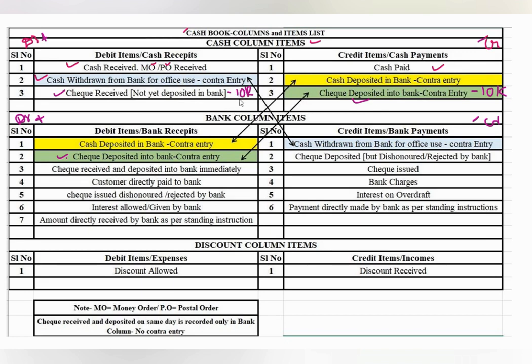I cannot erase that entry using an eraser or a whitener or anything in the software when we are doing accounting. So it is necessary to post a contra entry. When there is 10,000 rupees showing in the debit side, that means I have 10,000 worth of some instrument, that may be cash or a check.